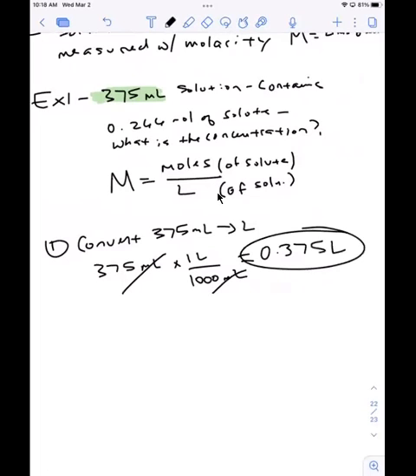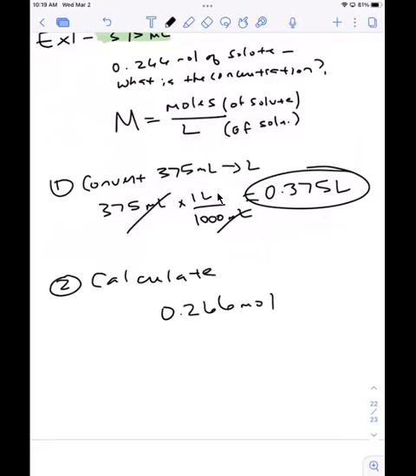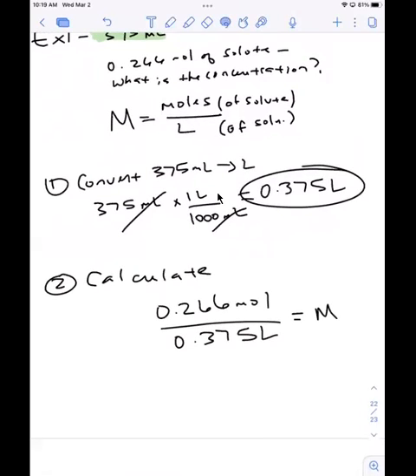We just plug and play. So now we need to calculate. So it'll be 0.266 moles divided by 0.375 liters. And that'll be our concentration. Can somebody give me that number real quick?